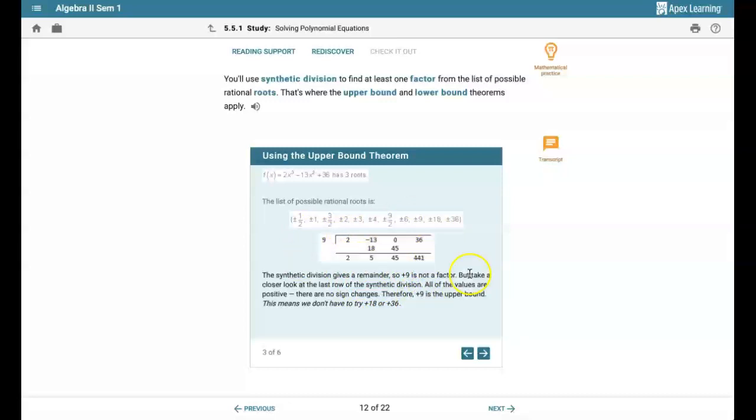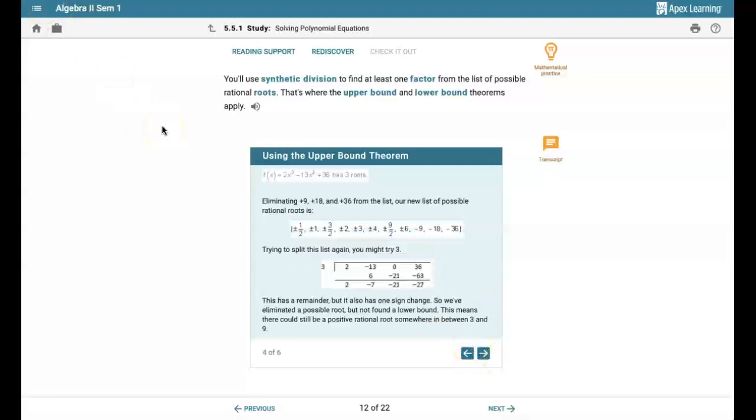So this is definitely not a factor. And positive 9 is an upper bound, because no value higher than this is going to be a root, since all of these values are positive or have the same sign.